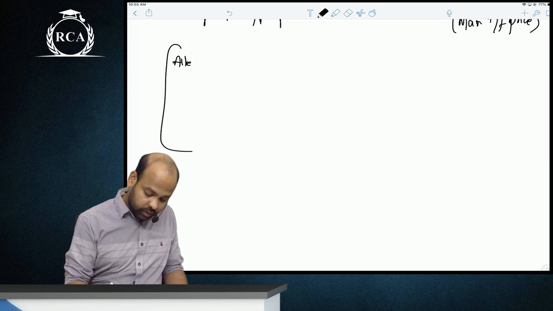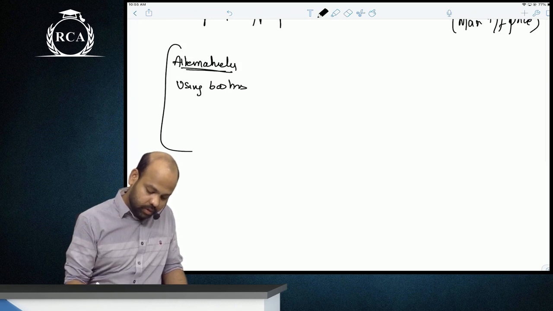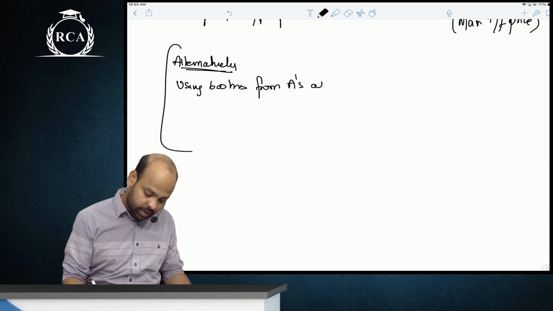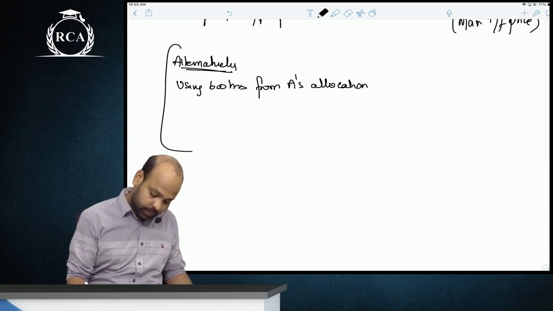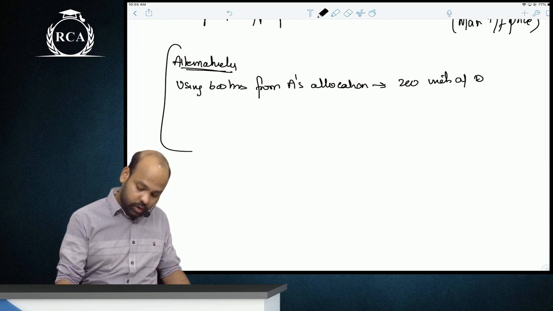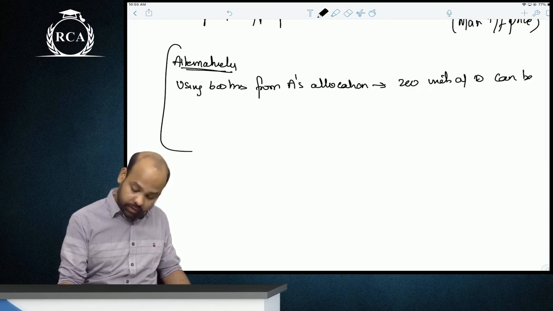Alternatively, think like this. Using 600 hours from A's allocation, 200 units of D can be manufactured.